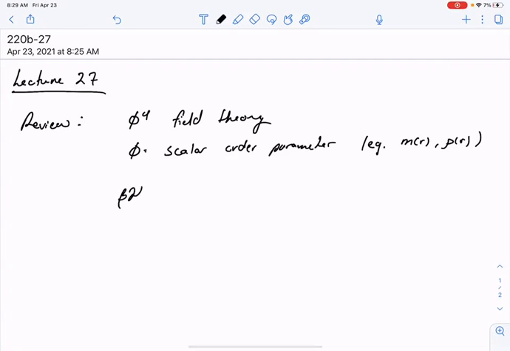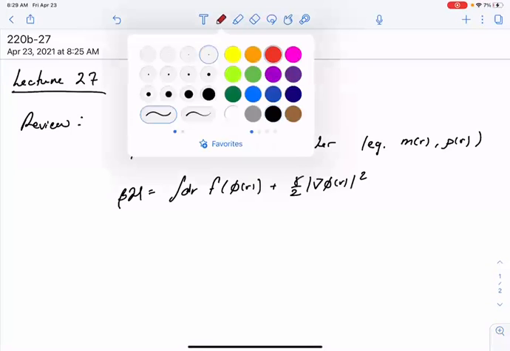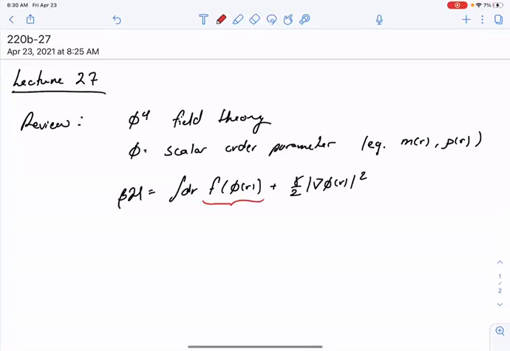For that scalar order parameter, we have argued that an effective description of its fluctuations can be written as a sum of a local free energy and a so-called squared gradient term. This local free energy density is some low order expansion in the field for something with even symmetry.